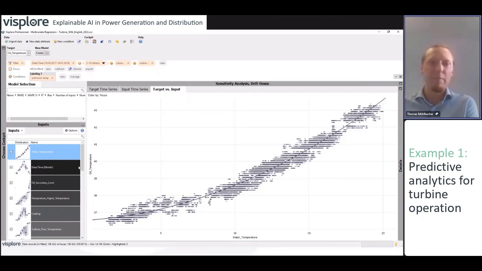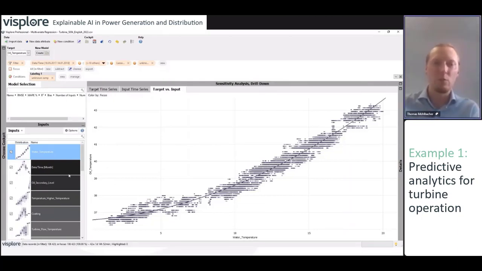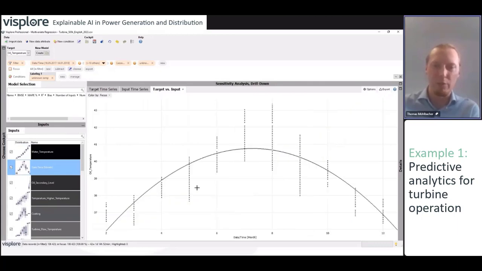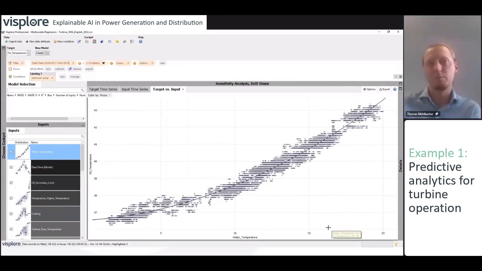If you're interested, the metric behind this just looks for each feature if the local variation of the target variable is smaller than the overall variation, because then this input feature tells us something about the target. This makes it also detect nonlinear relationships, like for example here, if you take the month, but actually the temperature is more useful here.